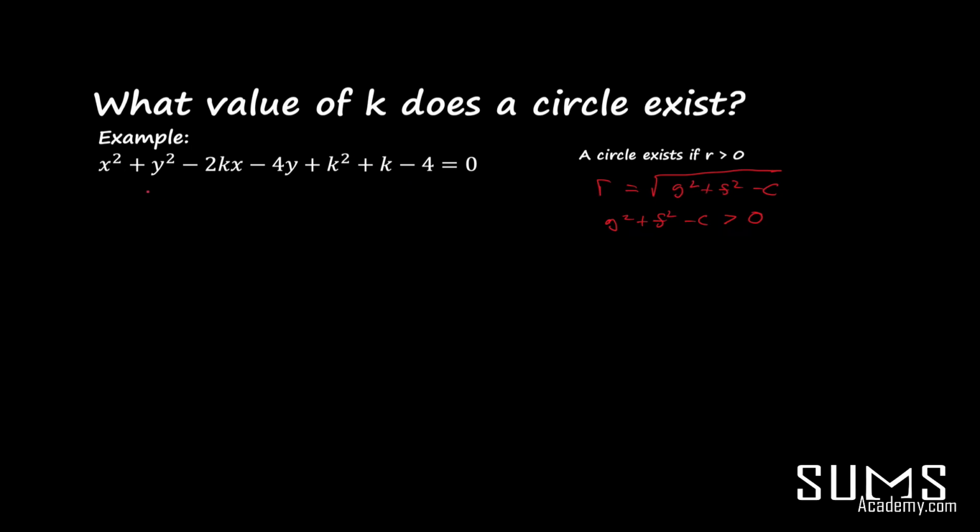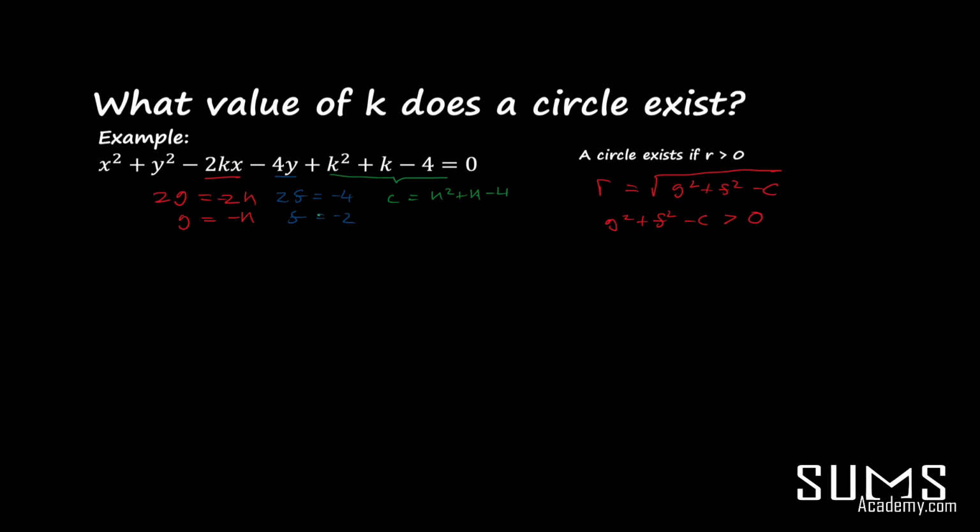First of all, 2g equals minus 2k, so g equals minus k. 2f equals negative 4, so f equals negative 2. And you've got c, which is all of this bit here, so c is equal to k squared plus k minus 4.